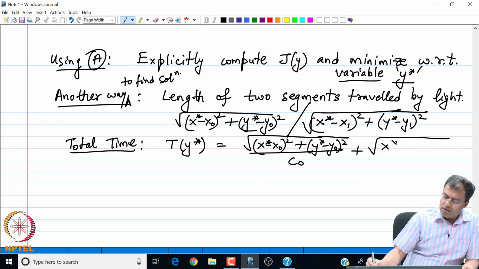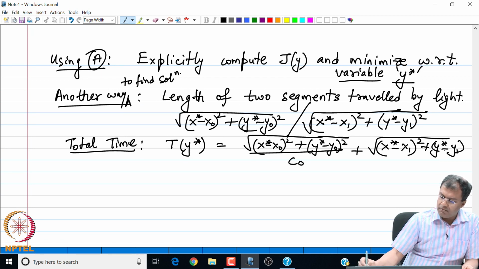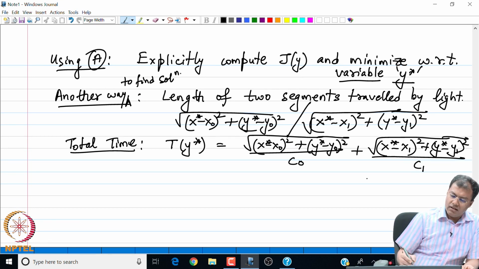That is as simple as that. Total length divided by the velocity in each medium gives the total time the light particle takes from point A to point B. So now we have a function of one variable, y star.